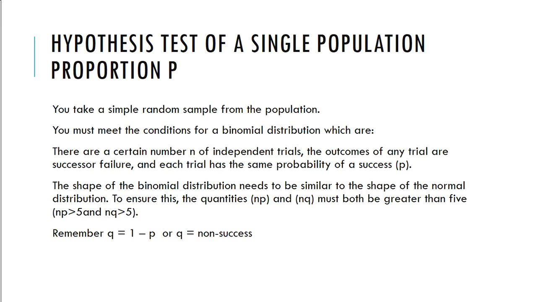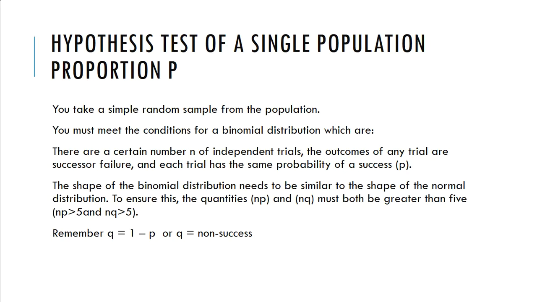There are a certain number n of independent trials, and the outcome of any trial is success or failure. Each trial has the same probability of success. The shape of a binomial distribution needs to be similar to the shape of a normal distribution, and we're talking about that curve. To ensure this, the quantities np and nq must be greater than 5.